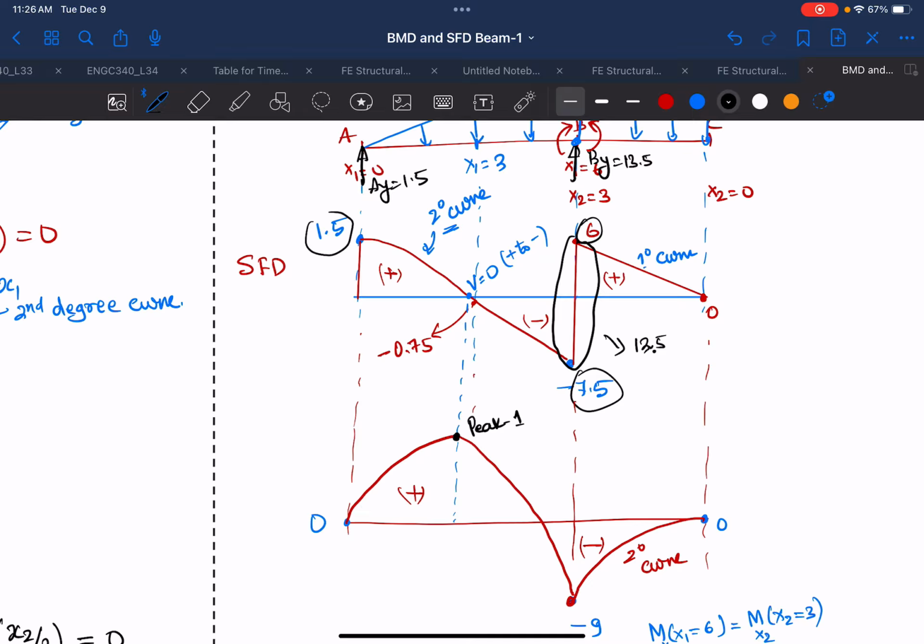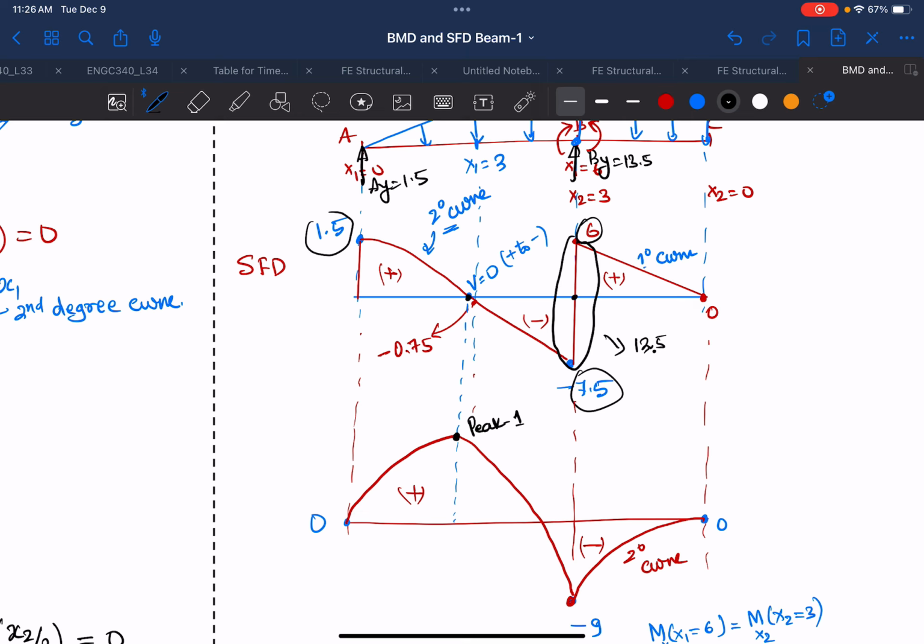Okay, so where do you find the maximum peak? The maximum peak is where the shear force is equal to 0, or the shear force changes from plus to negative. So this is a point where we find the shear force changing from positive to negative. So that will be your peak in your bending moment diagram. Is there any other peak? Yes, there is one more peak, which is the support.